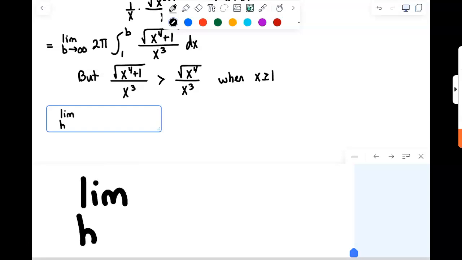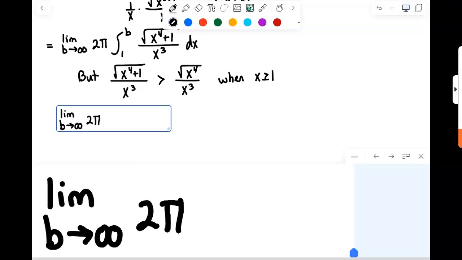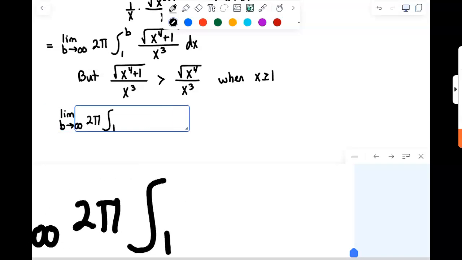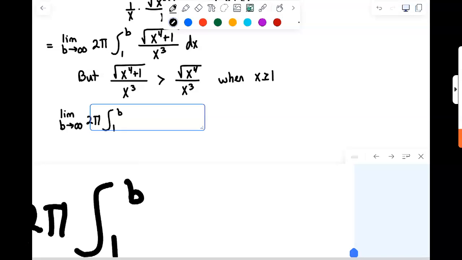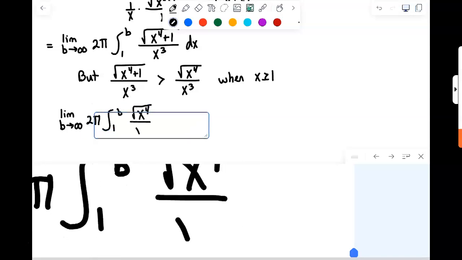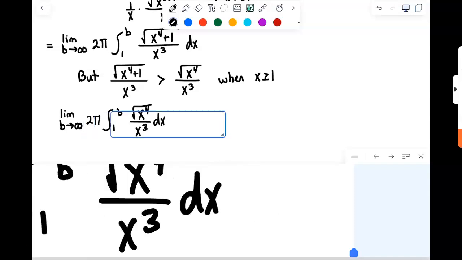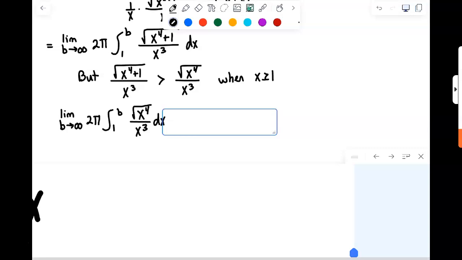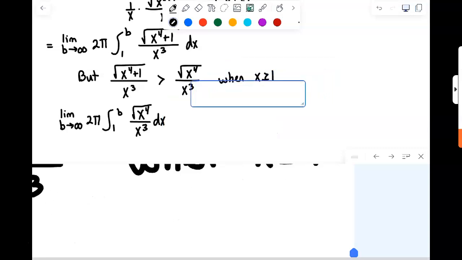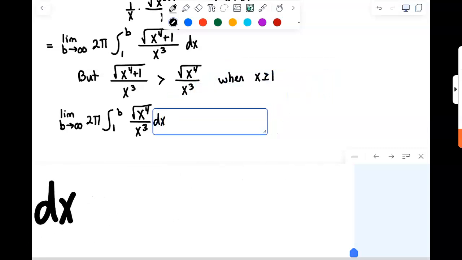Limit as b goes to infinity of 2 pi times the integral from 1 to b of the square root of x to the fourth over x cubed dx. But the square root of x to the fourth, when x is greater than or equal to 1, or again when x is positive, is just x squared.